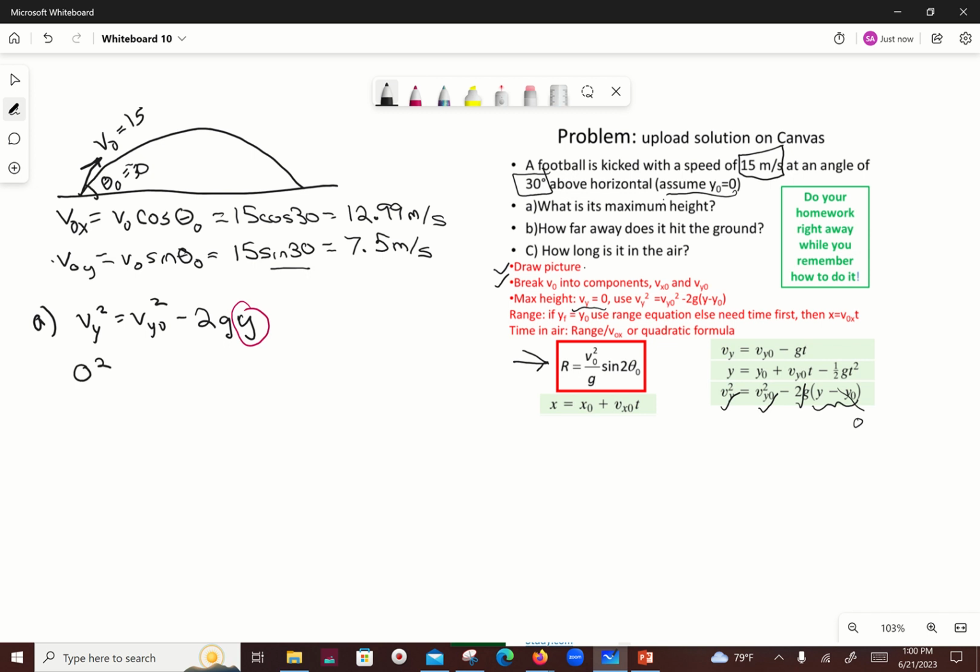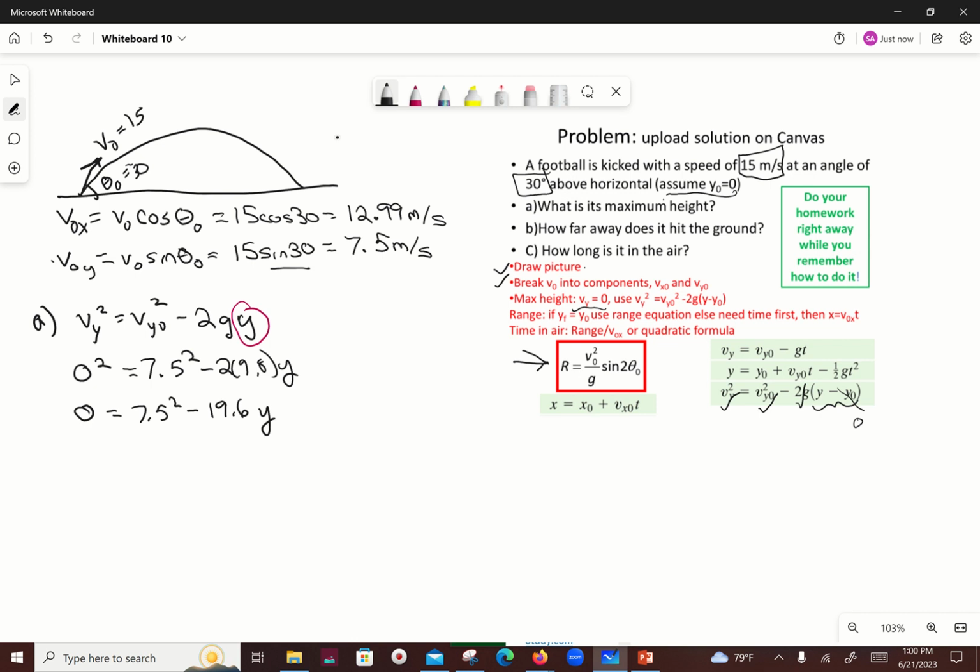I usually like to solve it algebraically before I put the numbers in. But let me go ahead and put the numbers in, because I know a lot of students do it with the numbers. So I've got 0 is equal to 7.5 squared minus 2 times 9.8, minus 19.6 times y, and y is what I'm trying to find.